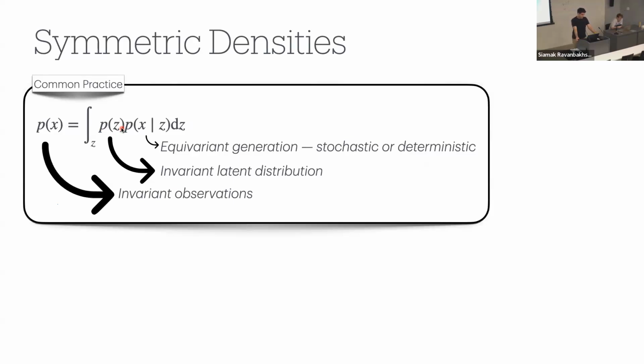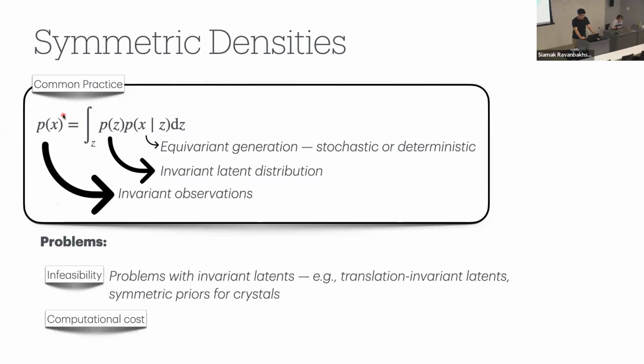What's the common practice in generating invariant densities? You start from an invariant latent distribution and you transform that using an equivariant function or equivariant stochastic process, and you end up with samples from this invariant distribution. This is what people do right now. There are some problems with this.